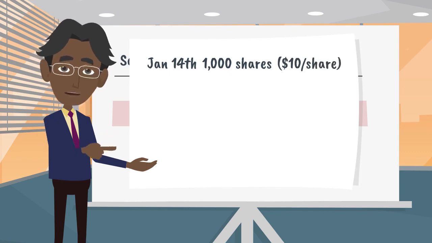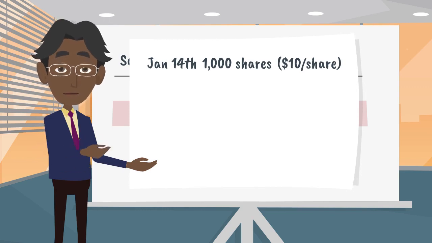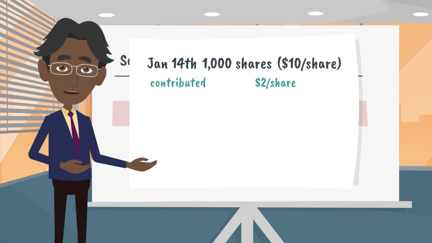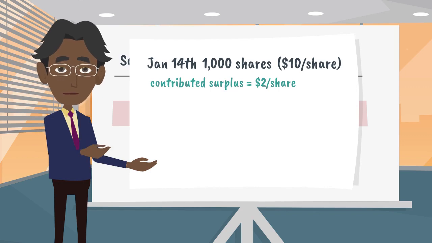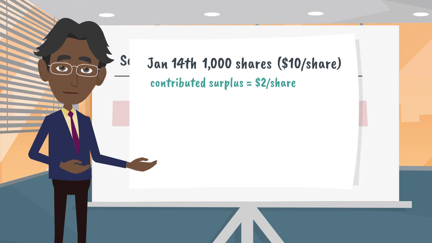This means that the company is purchasing the shares at a lower price than the average issuance price, with a difference of $2 per share. This discrepancy goes to the contributed surplus account. Although we are buying back 1,000 shares, these shares are now worth $10 each and not $12 each.